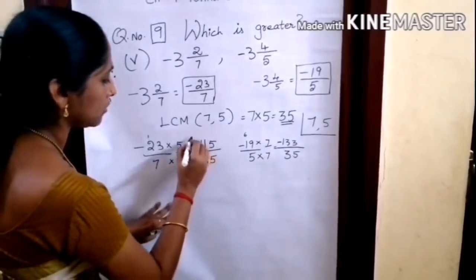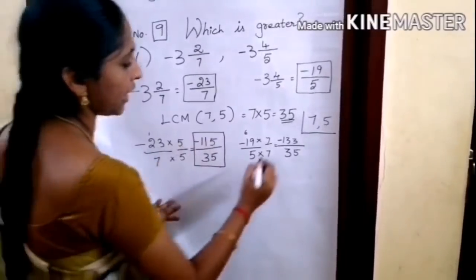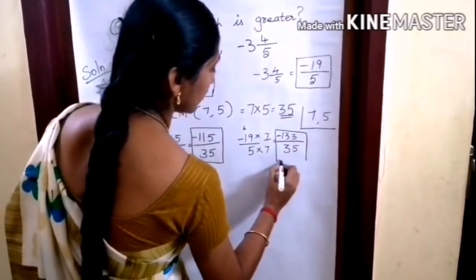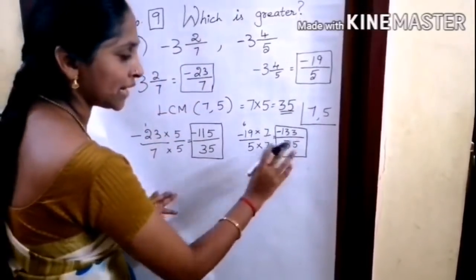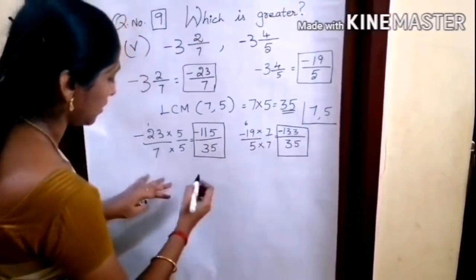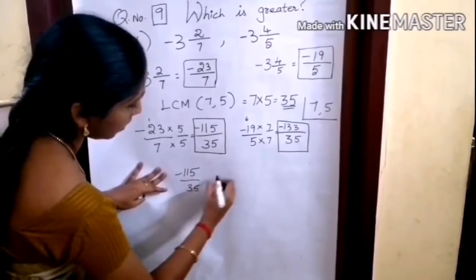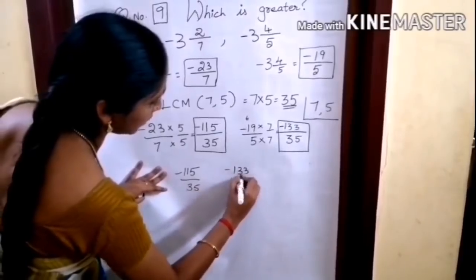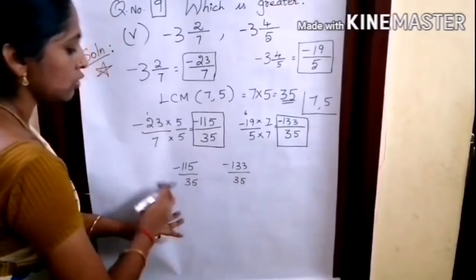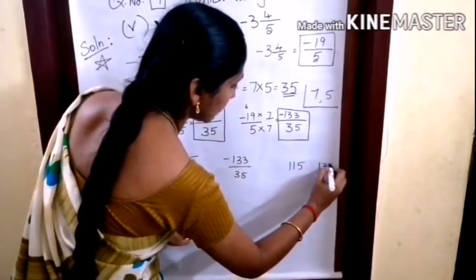Now we got minus 115 by 35 and minus 133 by 35. Now my denominators are the same, equal. Now I can compare the two rational numbers. Take the numerators, 115 and 133.